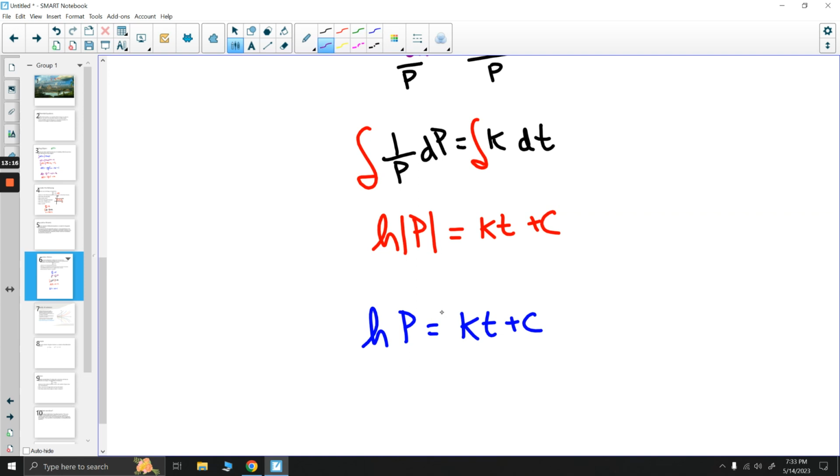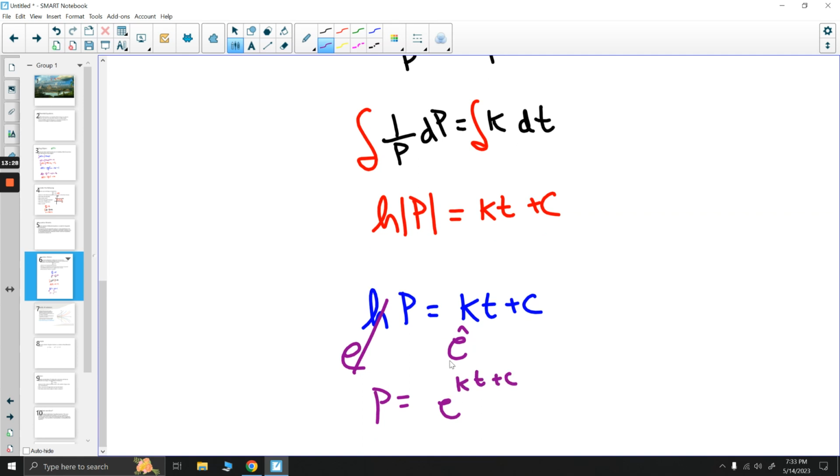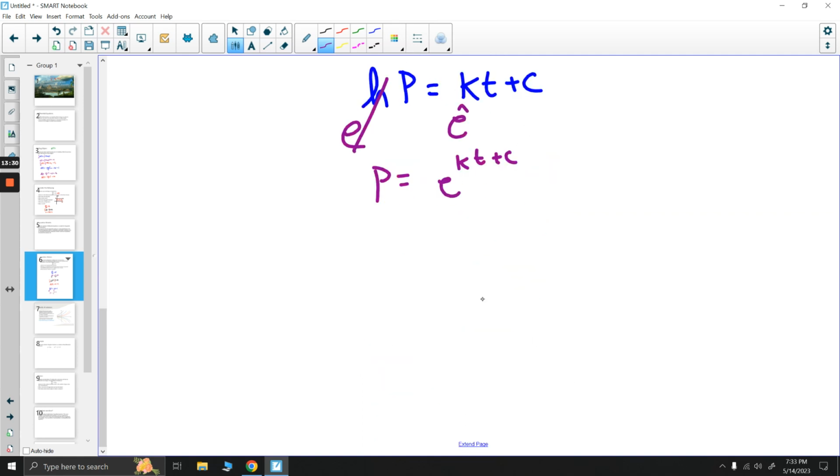All right, how do we solve for P? Well, we take e to the power. This would cancel, and we get P is equal to e to the kt plus C. If we think about this, that's like saying P is equal to e to the kt times e to the C, because when we have two things with the same base and we multiply them, we add their exponents.